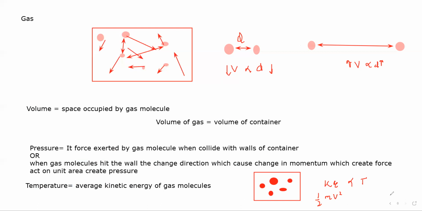Why are we not substituting the velocity? Because for the average kinetic energy, if an identical gas is there, the gas molecules will all have the same mass. So what I can do is take an average velocity or average speed here.